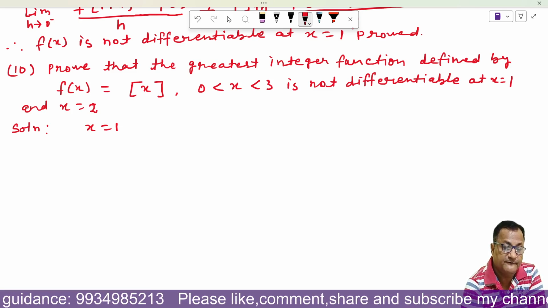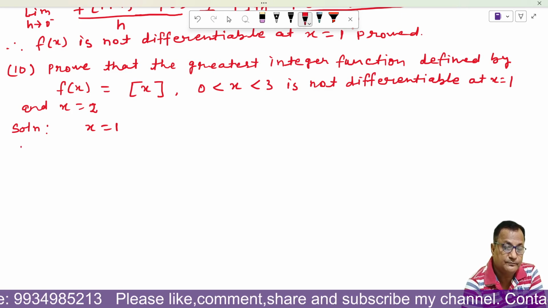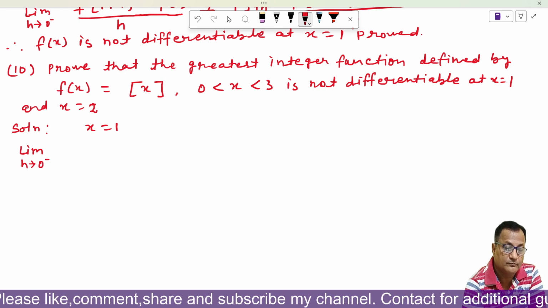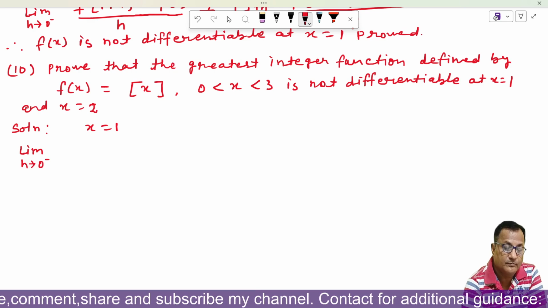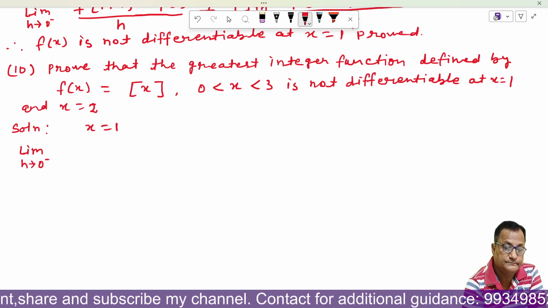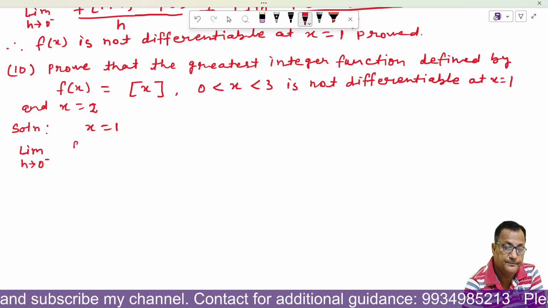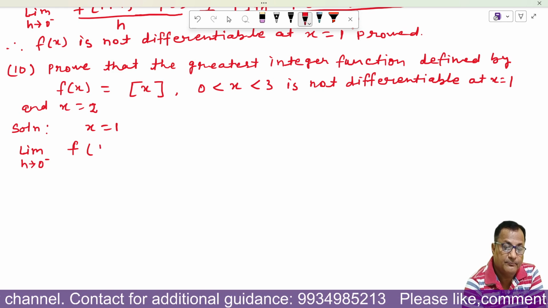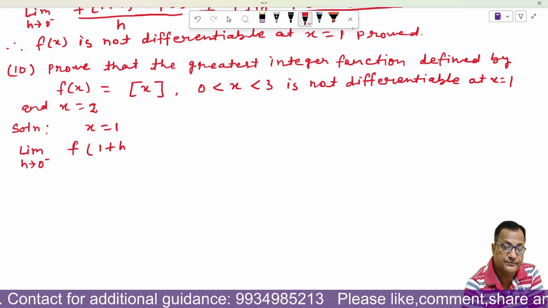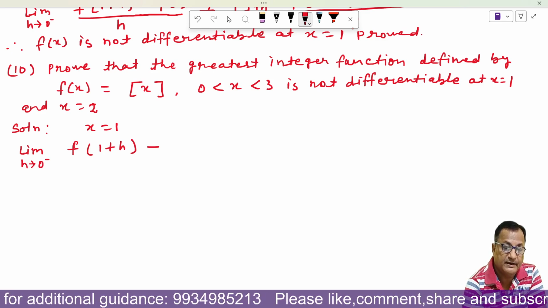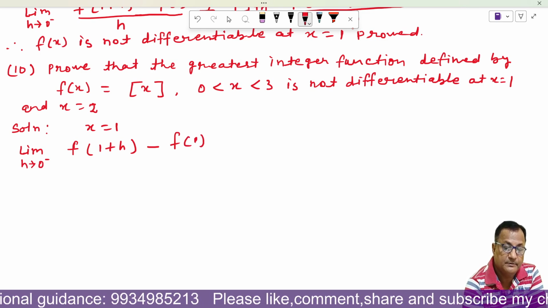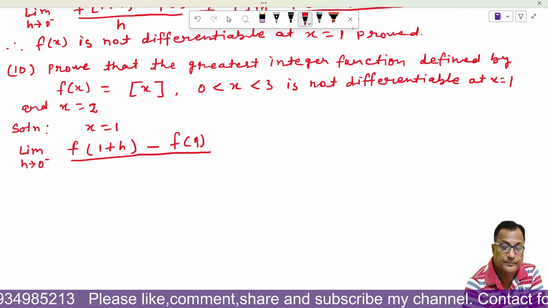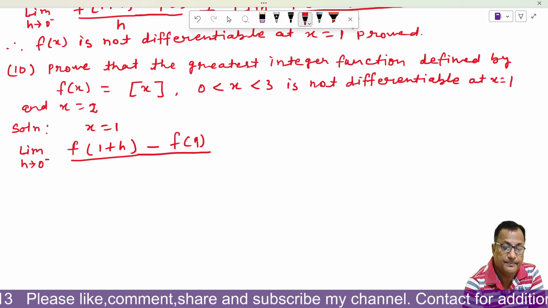So first we will find the left hand derivative: [f(1 + h) - f(1)] divided by h.